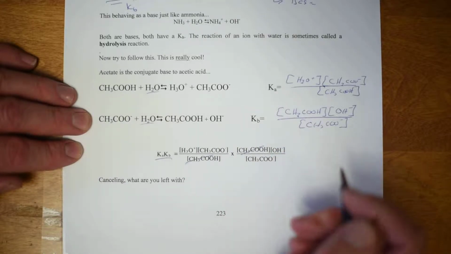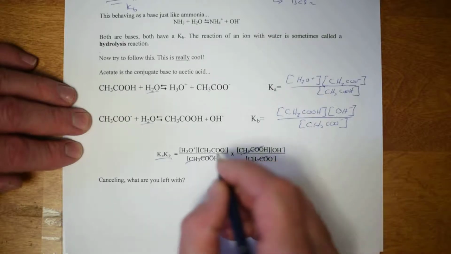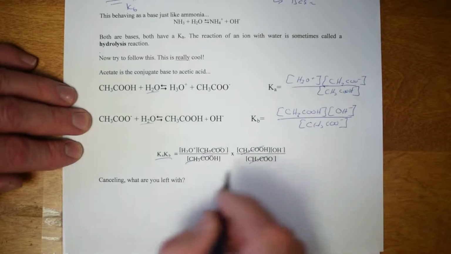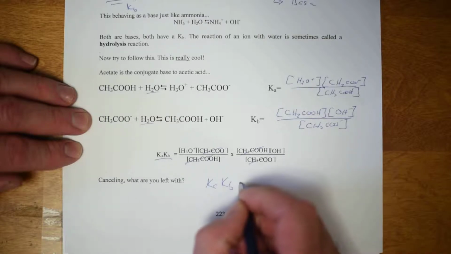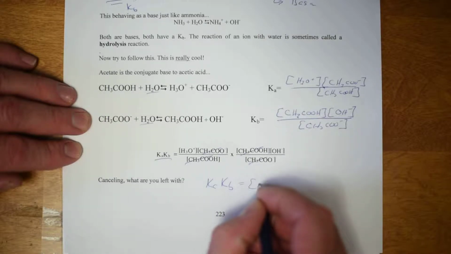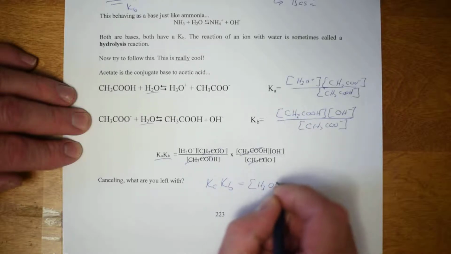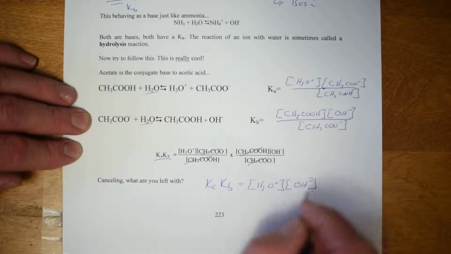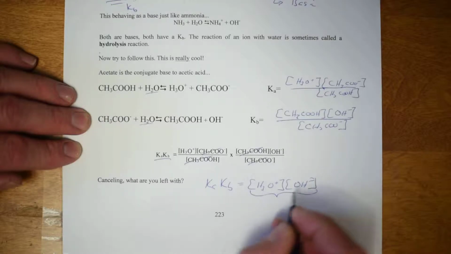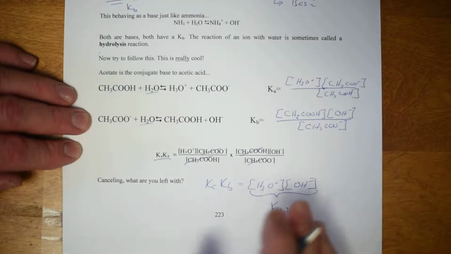The acetate will cancel with the acetate, and if we take Ka times Kb, we get the concentration of hydronium ion times the concentration of hydroxide ion. And that, you might recall from an earlier lesson, is Kw.